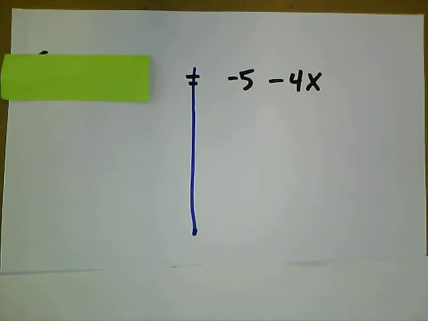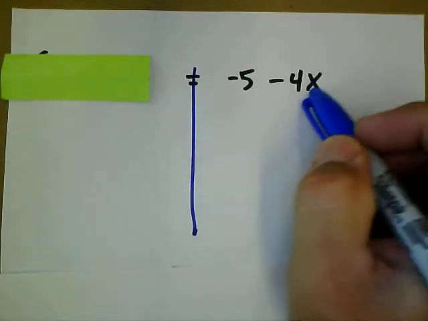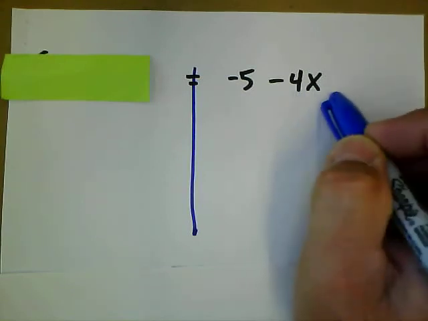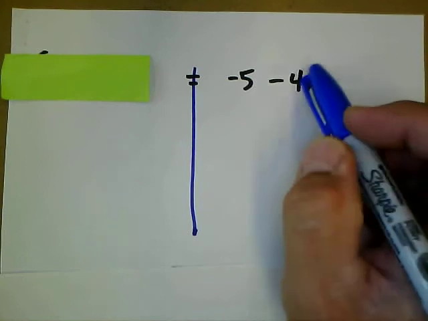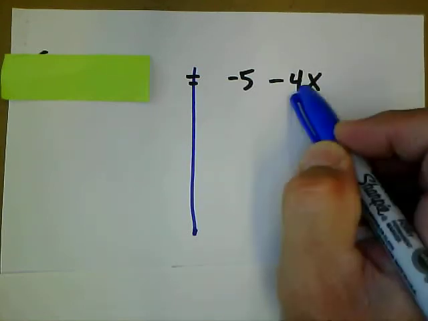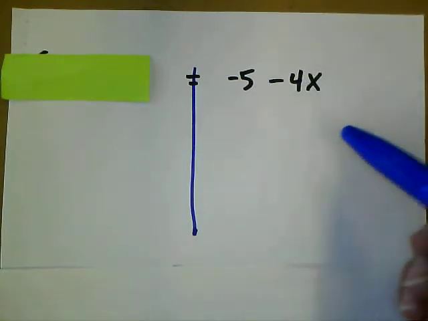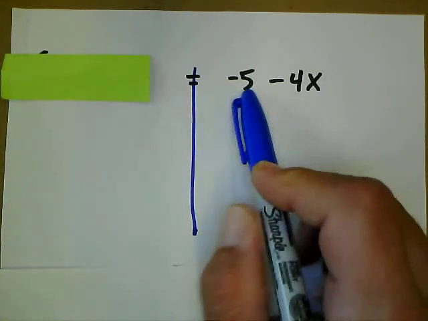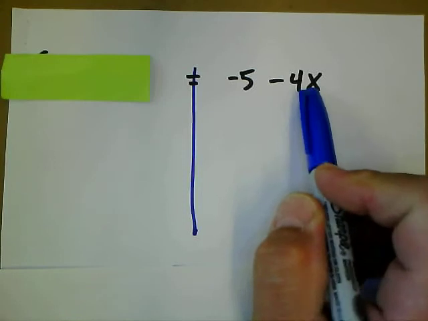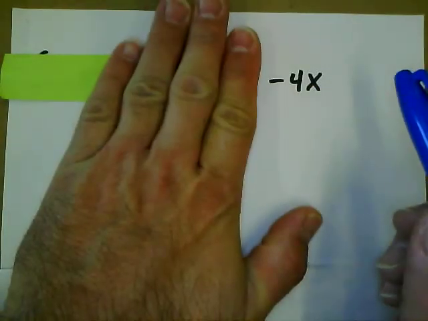All right. So, which number is married to the x or times to the x? The minus 4 is, right? So that negative 4. So what number do we want to work with? What's added or subtracted then? That is. Do you see that the 4 is attached to the x? They're kind of married.